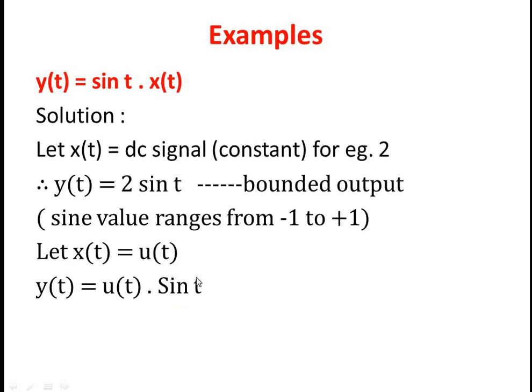So we need not bother about this sin value, and we have to look at the next term, that is u of t, and the value of t is now 0, so u of 0 is also 1. So at t equal to 0, we are not having 0 output, we are having some bounded value. So we can say this system is a stable system, because we are getting bounded output for bounded input.